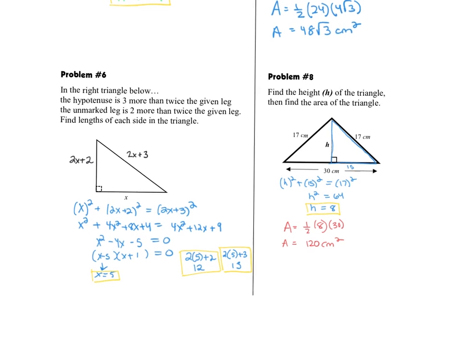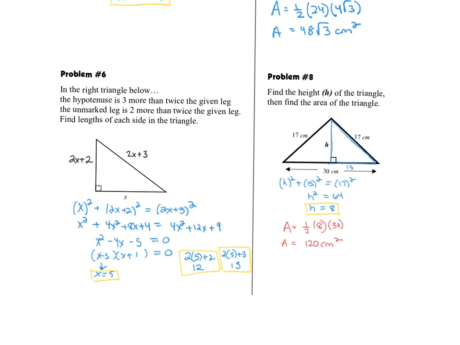All right, looking at problem number 6, we were given one side that was x, and then we were told that the hypotenuse is 3 more than twice the given leg. So here is twice the given leg and 3 more.